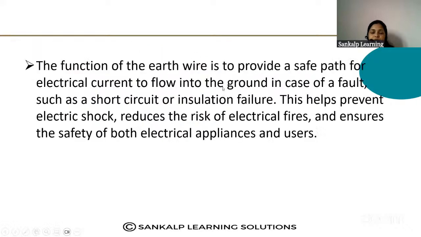The function of the earth wire is to provide a safe path for electrical current to flow into the ground in case of a fault, such as a short circuit or insulation failure. This helps to prevent electric shock, reduces the risk of electrical fires, and ensures the safety of both electrical appliances and users.